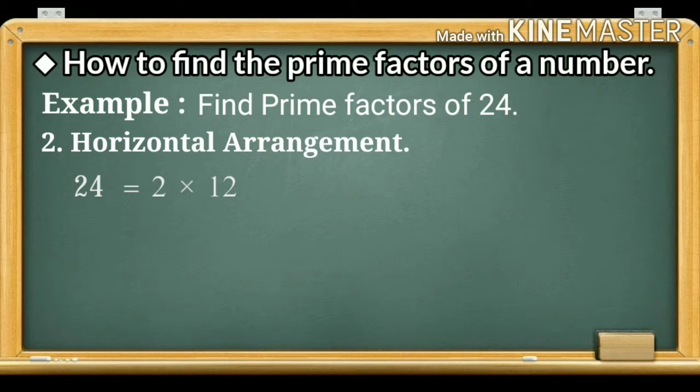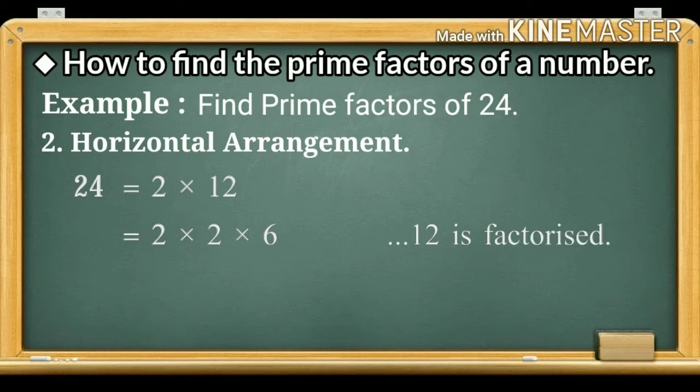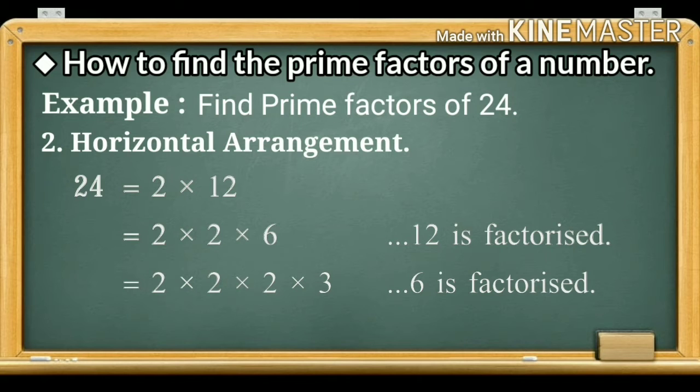Again write 2 as it is because 2 is a prime number, and 12 is written as 2 multiplied by 6. Again write 2 multiplied by 2 as it is because they are prime numbers. Now factorize 6 as 2 multiplied by 3. This is your factorization of 24.